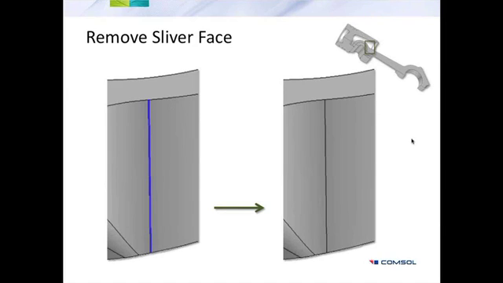And this introduces very, very narrow faces with a large aspect ratio. Now, if you have to resolve this in your mesh, you would have a large mesh, and it would become very costly to deal with those. Now, you have several ways of removing these in COMSOL, and a lot of times you can actually also do it in SolidWorks or other CAD software, but that's not always true.